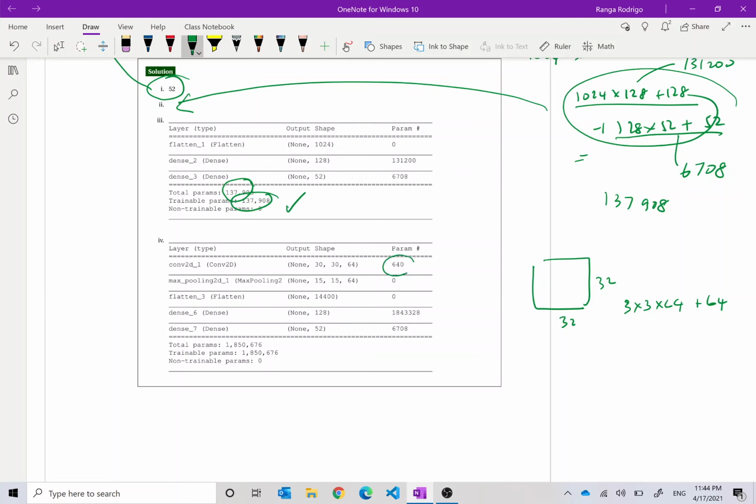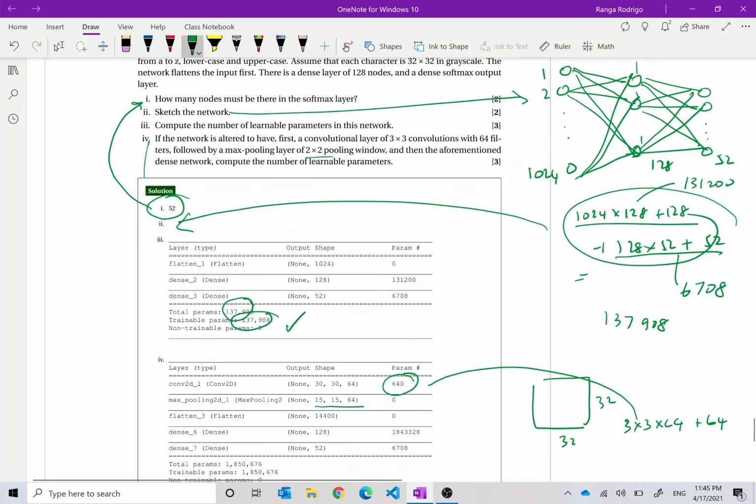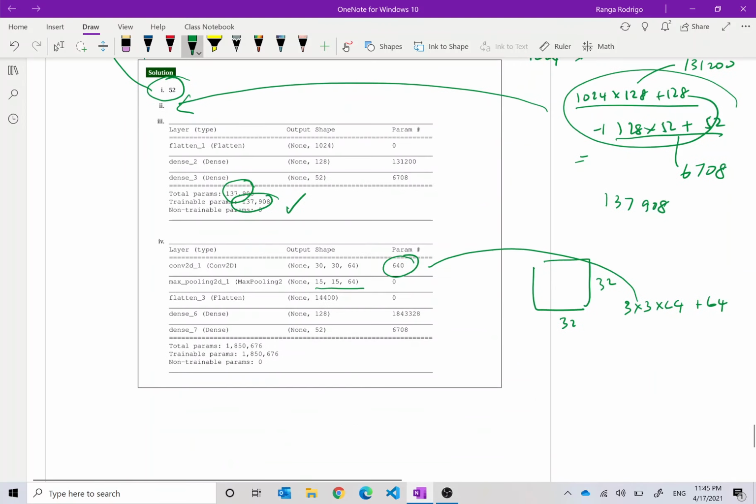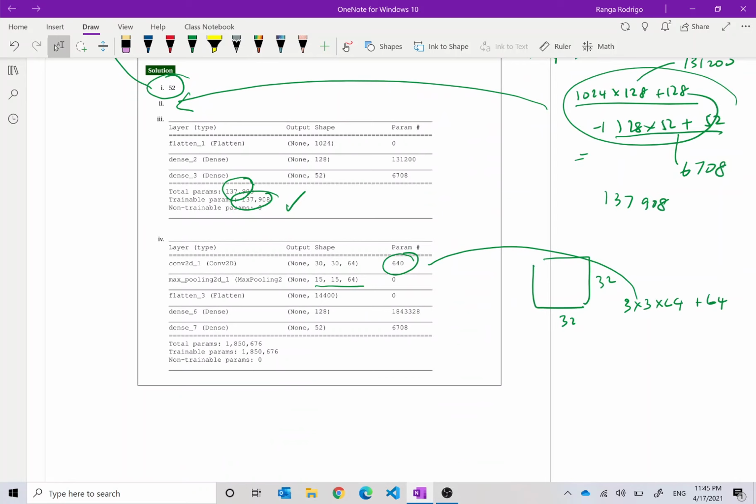So 640 is what you get from here. And then max pooling has no learnable parameters. The output size becomes 15 by 15 times 64. And then the aforementioned dense network. So we flatten, and 15 times 15 times 64 would be the length of the vector.